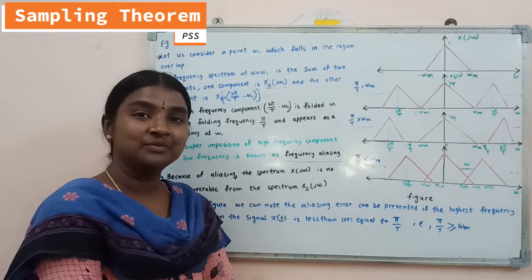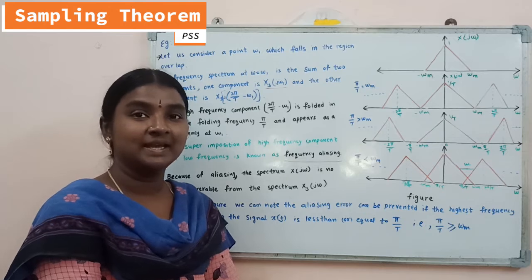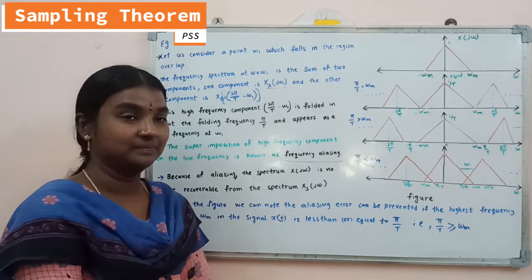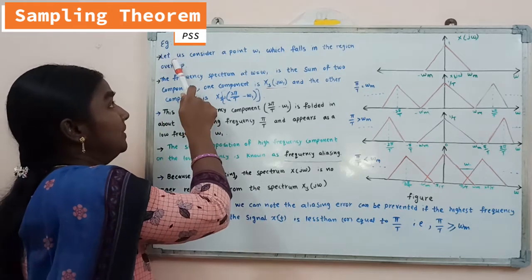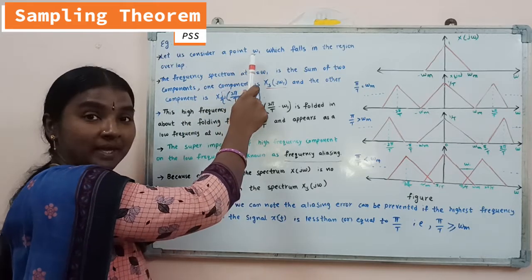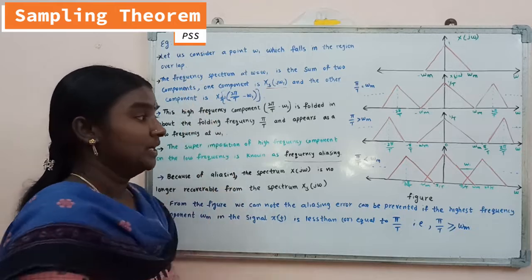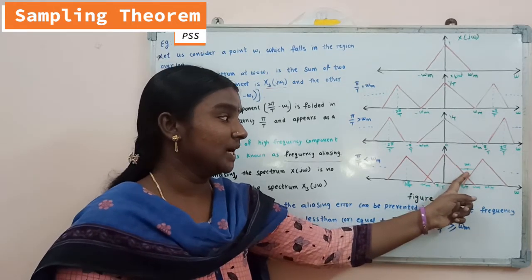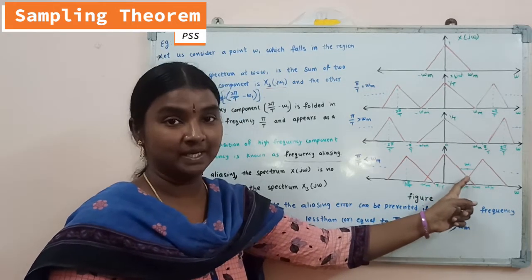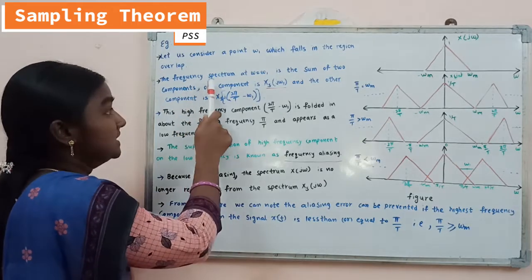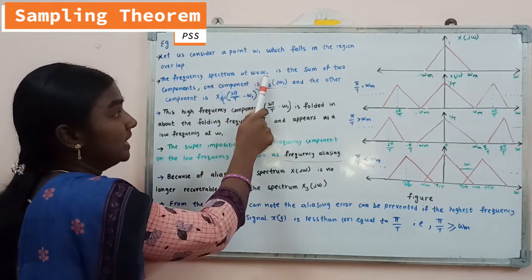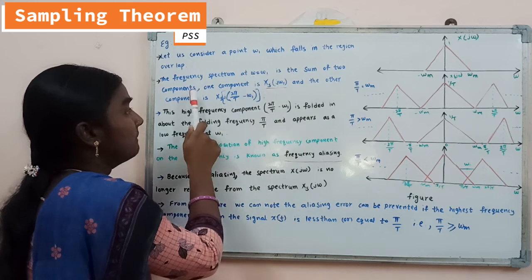Now by considering one example, let us understand frequency aliasing. Let us consider a point omega 1 which falls in the region of overlap. Here we considered the omega 1 point in this overlap period. The frequency spectrum at omega equal to omega 1 is the sum of two components.